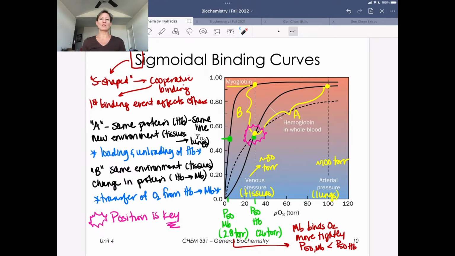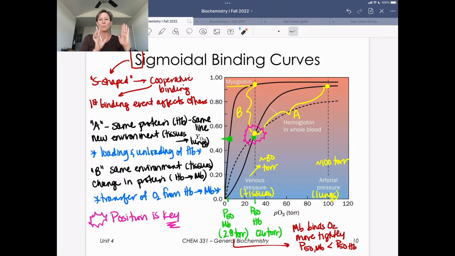So half of your molecules of hemoglobin are bound to oxygen. We have a similar P50 value here for hemoglobin, a larger value, 26 torr. And this larger P50 value reminds us that hemoglobin binds oxygen less tightly than myoglobin. And that's an important piece because that allows us then to transfer oxygen from hemoglobin to myoglobin.